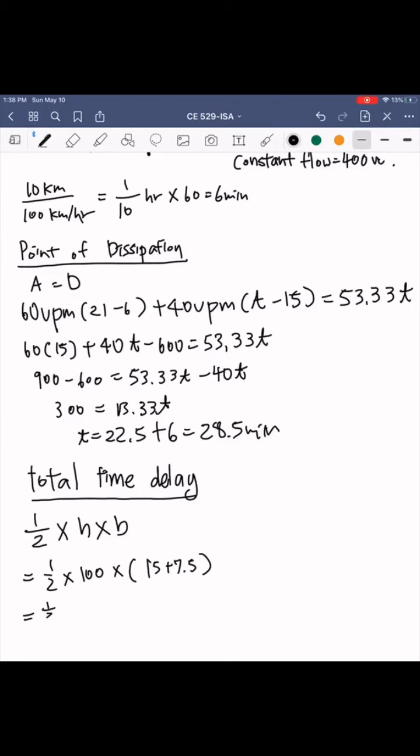So what is it? 1/2 times 100 times this 22.5 is 1,125, and actually the unit is vehicle minutes. But this is typically calculated in vehicle hours, so let's divide it into hours. So 1,125 divided by 60 is 18.75 vehicle hours, which is the total time delay.